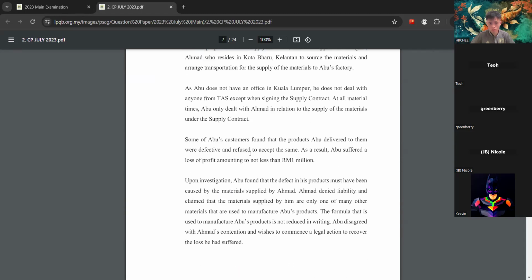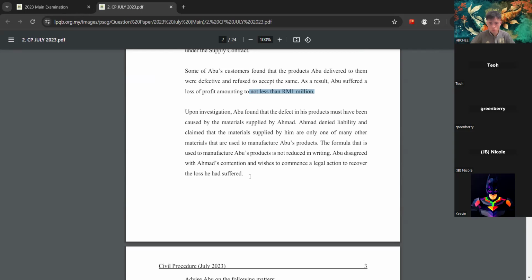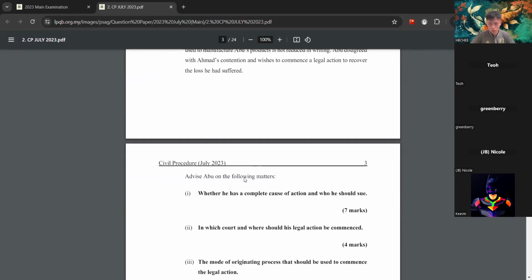So by looking at the facts, not less than 1 million ringgit, obviously you have to write it out according to Section 69 of the Subordinate Courts Act. Sessions Court does not have the jurisdiction. Therefore, only the High Court will be able to try. Okay, because this is how you gain the mark for the first part.